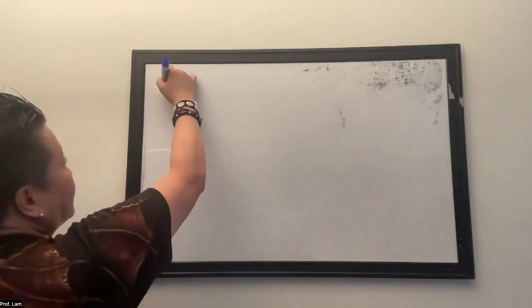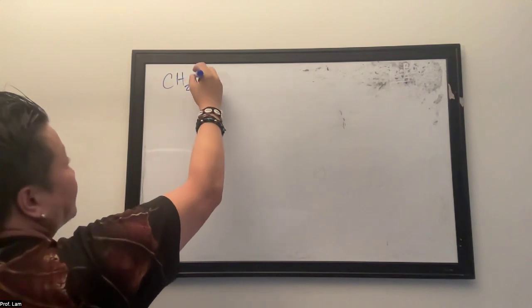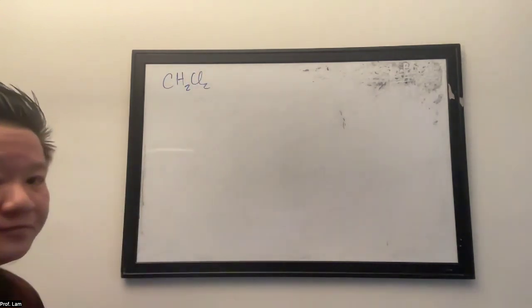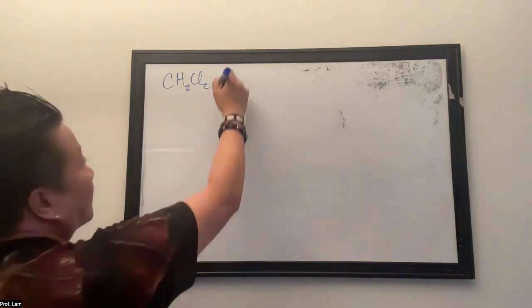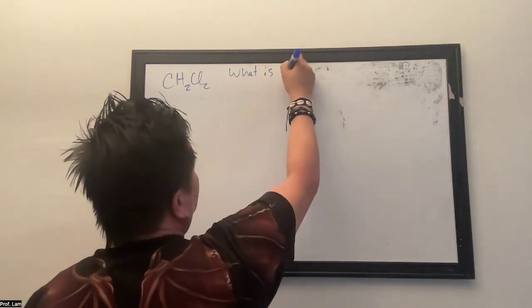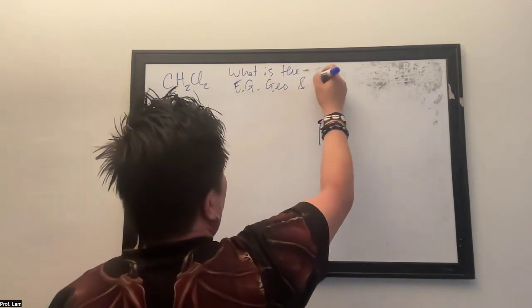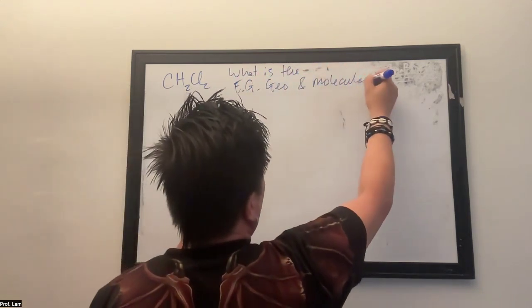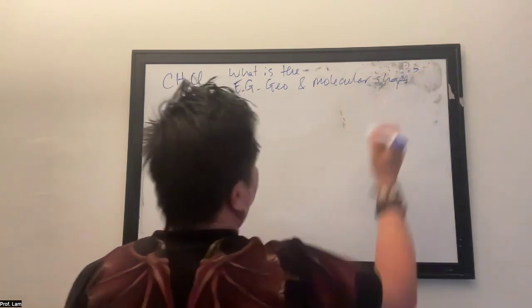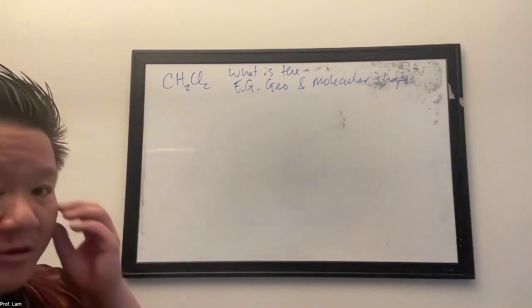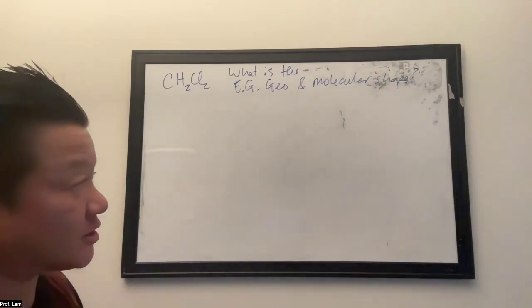Let's say you have CH2Cl2. Okay, and it's asking, what is the electron group geometry and molecular shape of this compound?